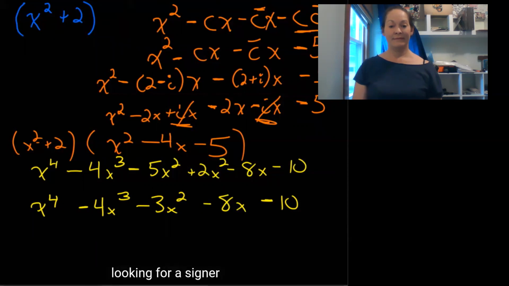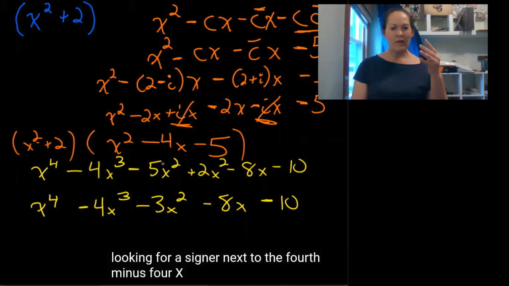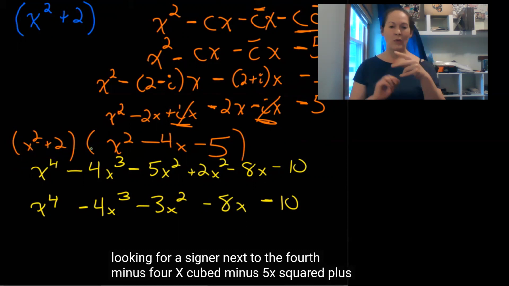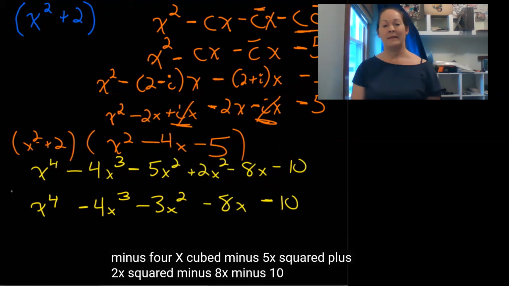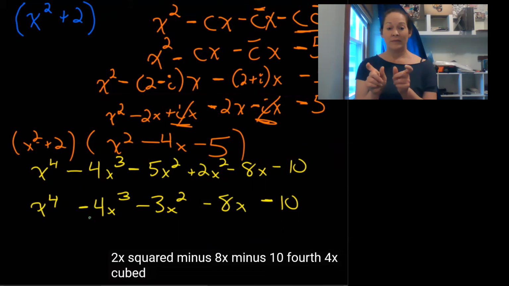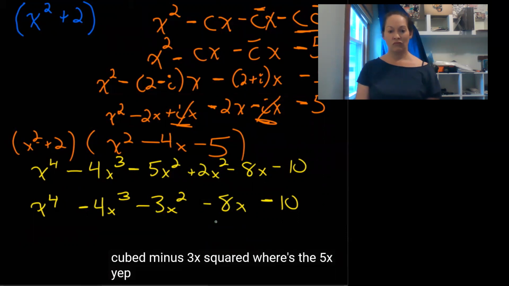Looking for a sign error. x to the 4th minus 4x cubed minus 5x squared plus 2x squared minus 8x minus 10. x to the 4th, negative 4x cubed, minus 3x squared. Where's the 5x? Yep. Minus, alright.